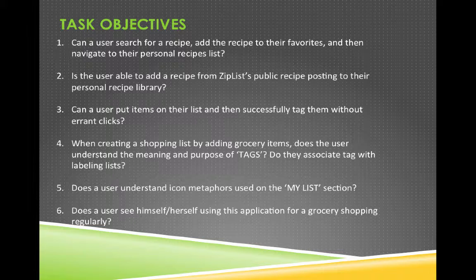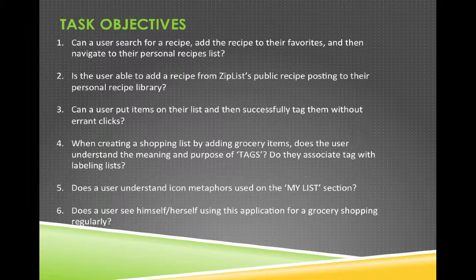Here are the 6 task objectives that we had for our usability testing. Number 1, can a user search for a recipe, add a recipe to their favorites, and then navigate to their personal recipes list? Number 2, is the user able to add a recipe from Ziplist's public recipe posting to their personal library? Number 3, can a user put items on their list and then successfully tag them without errant clicks?